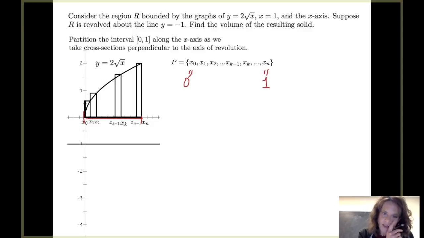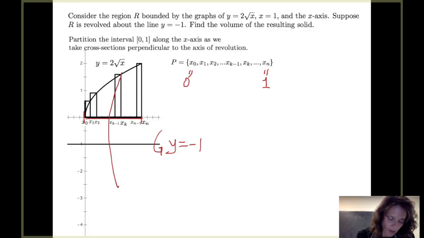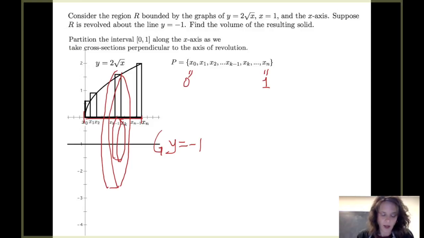Now we've already drawn a sketch of the three-dimensional solid that's resulted, but we also want to consider when we partition this region using thin rectangles, what happens to a thin rectangle as it's revolved about the line y equals -1. So I'm going to take this kth rectangle and rotate it about the line y equals -1, and I get that washer.